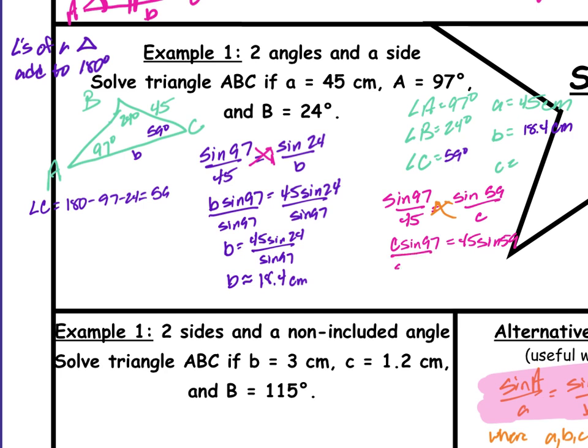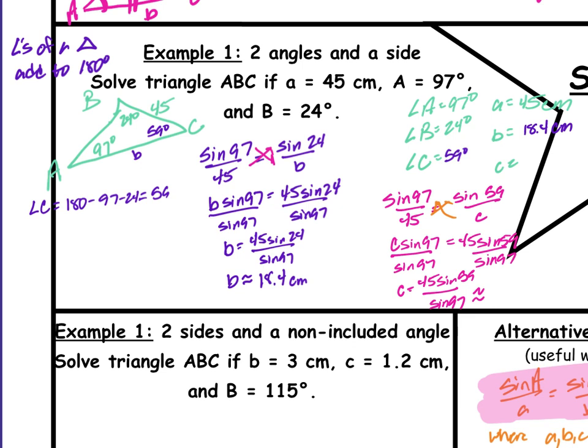I want C by itself, so I divide by sine of 97. So C is going to equal 45 sine of 59 divided by sine of 97.